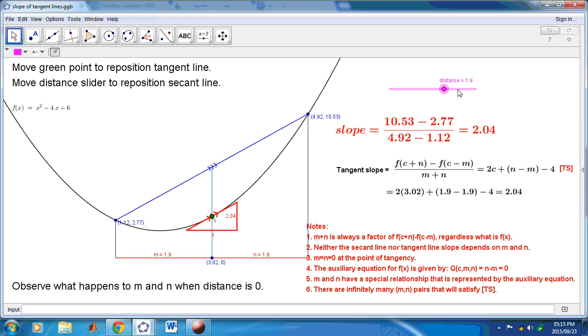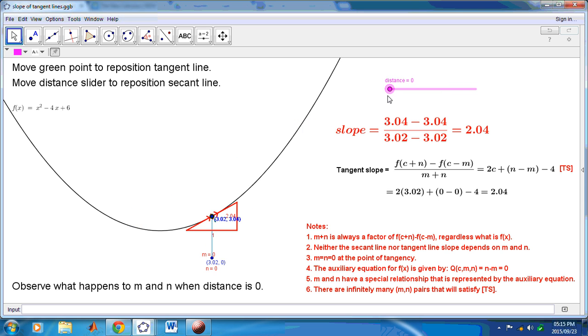Turns out that we don't really need to know m and n at all, but there are many m and n pairs. At the point of tangency, right over there, m and n are actually 0, but they don't have to be. Any m and n in this equation here will still hold true and will not change the value of the gradient.